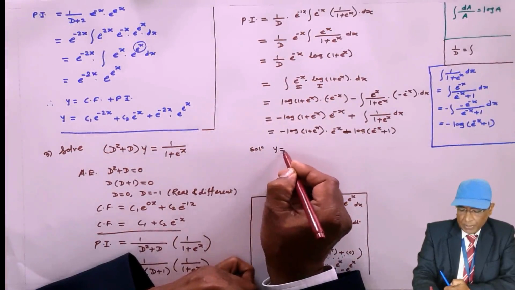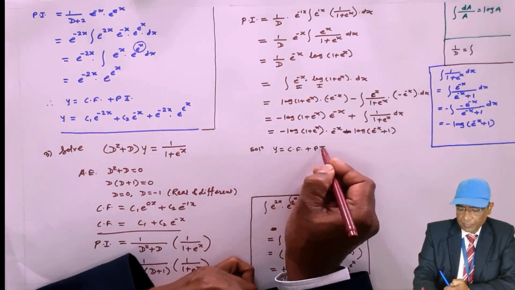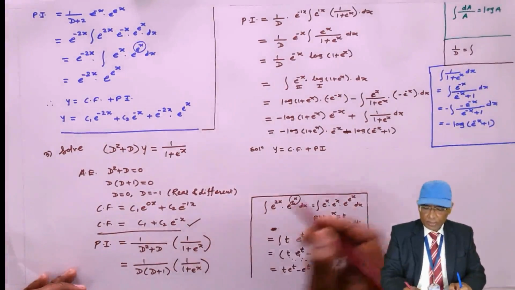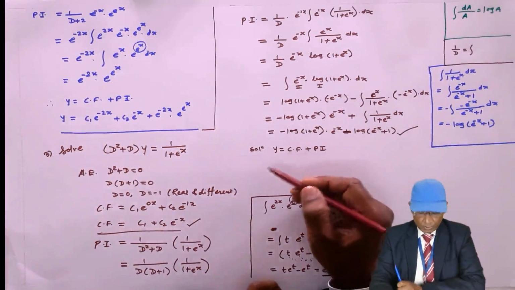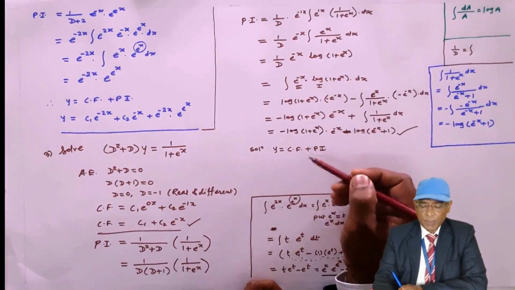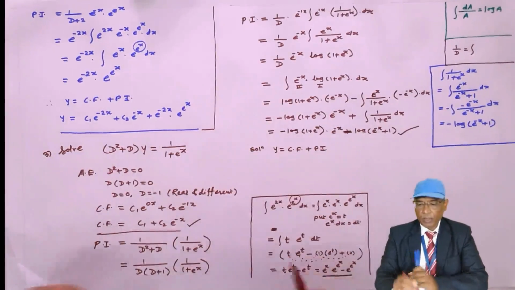The solution is the complementary function plus the particular integral. This is the complementary function, this is the particular integral. You put whatever complementary function and particular integral we have obtained, and that will be your solution to the given differential equation.